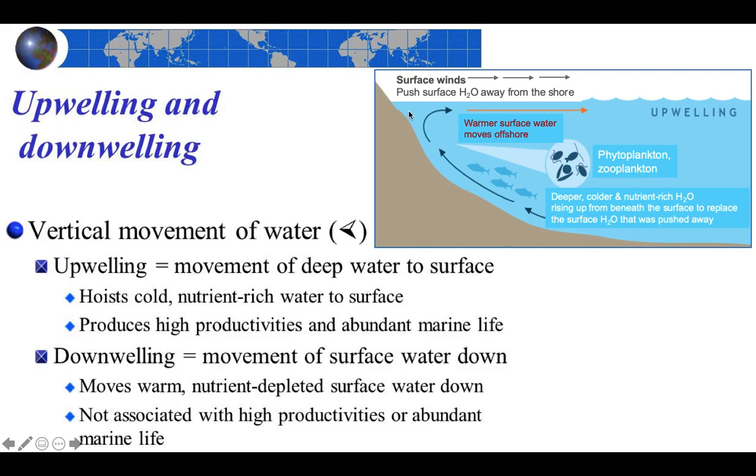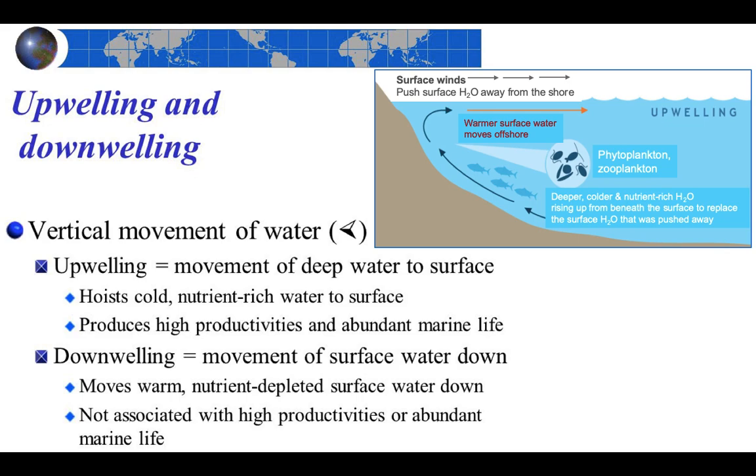This is extremely important because this cold water brings lots of dissolved oxygen, and also lots of nutrients like phytoplankton and zooplankton, into the shallow waters. And as a result, fisheries thrive in these kinds of upwelling zones, like the Peruvian fisheries.